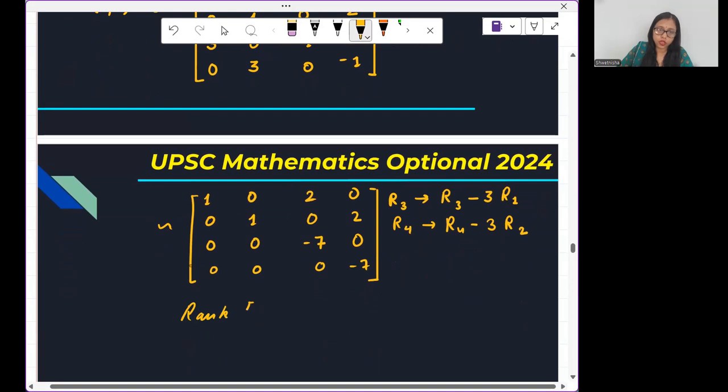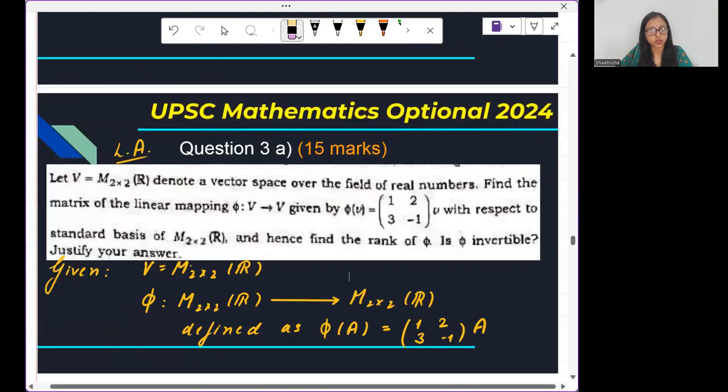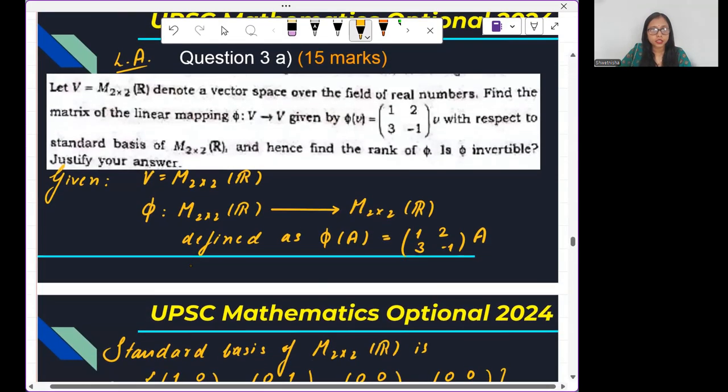The rank of this matrix is 4, which is the same as the rank of the transformation. And since the rank of phi is equal to 4, is equal to the dimension of this V. What is the dimension of this V?